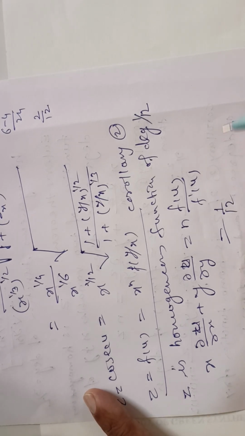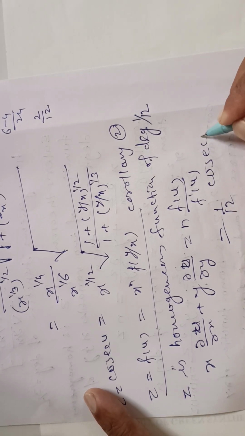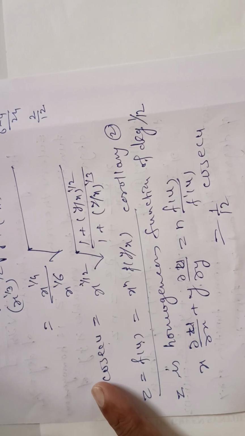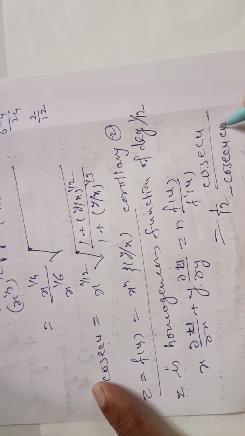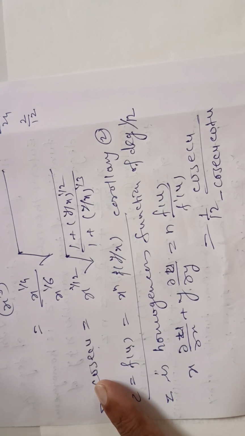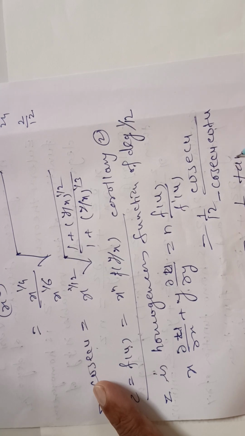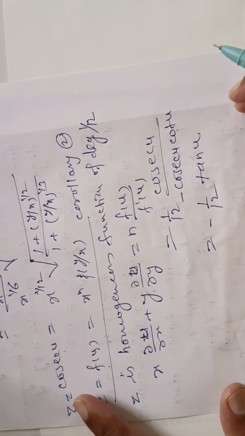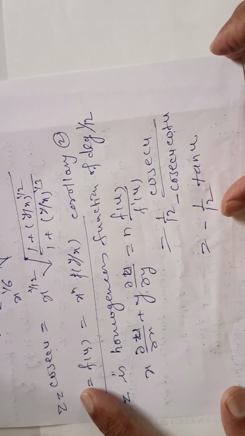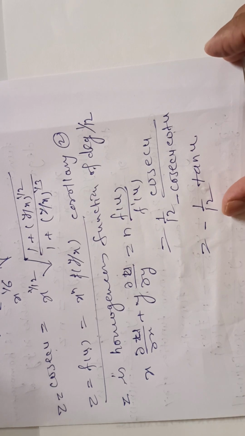So n is 1 upon 12, f of u is cosec of u, and the derivative of this is minus cosec of u into cot of u. So cosec of u gets cancelled, so it is minus 1 by 12. 1 upon cot means tan u. So this is the first order expression for this.